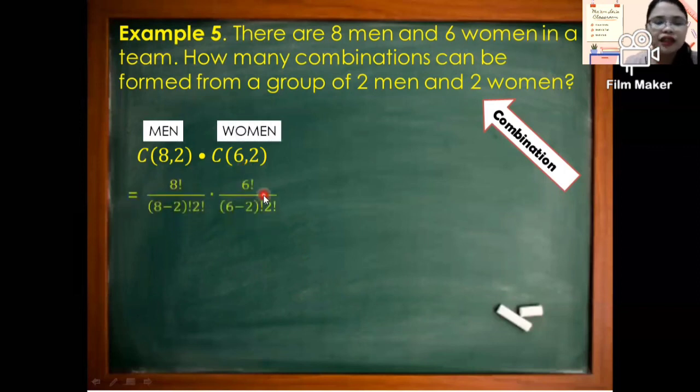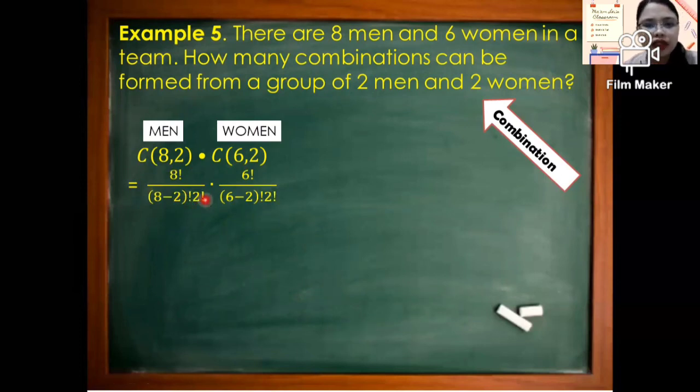Then just simply get the combination of this 2: 8 factorial over 8 minus 2 factorial, 2 factorial, which is also the formula that we are using for combination. Then sa combination of 6 taken 2, 6 factorial over 6 minus 2 factorial, 2 factorial. Then simplify. We have now 8 factorial over 6 factorial times 2 factorial times 6 factorial over 4 factorial, 2 factorial.